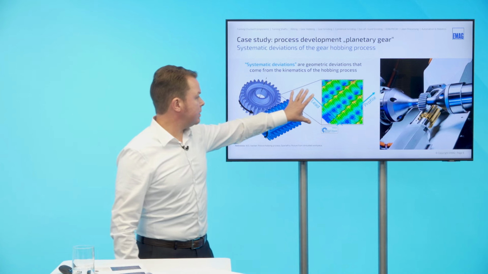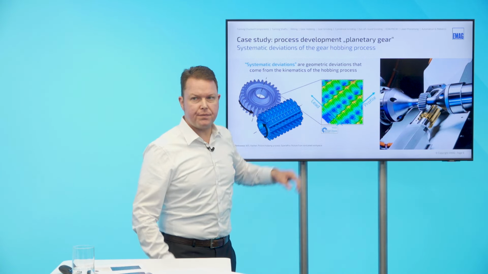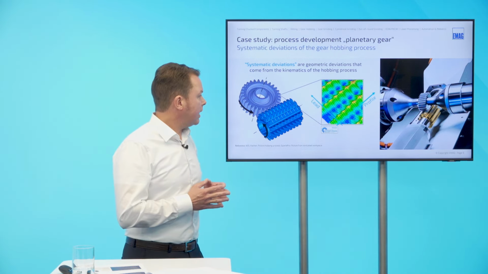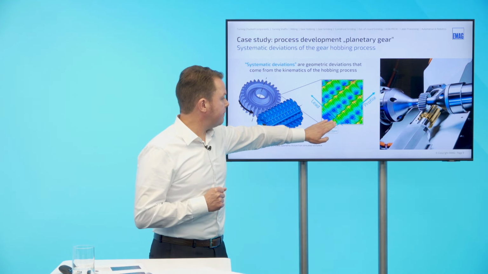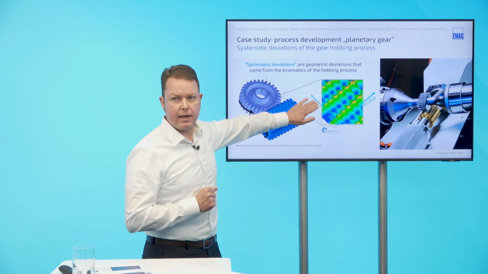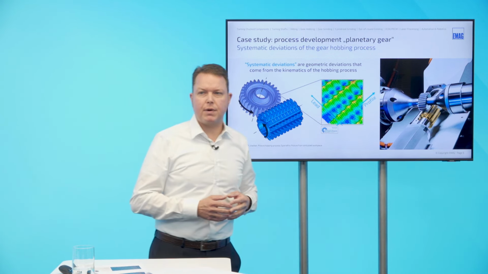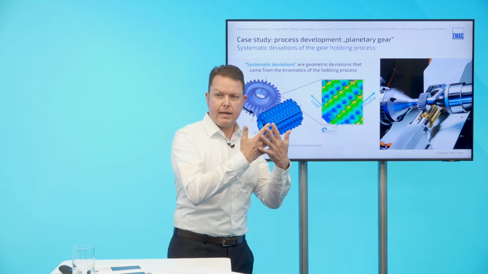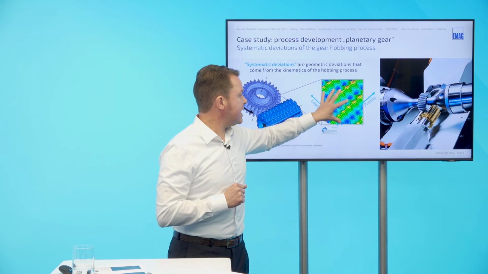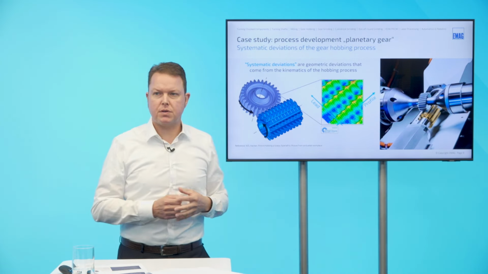And we have here highlighted the superficial structure of a flank. And this consists of the feed rate scallop marks in lead direction and the profile deviation in profile direction. Those two overlay, and this gives us this kind of net, this kind of mesh on the surface.